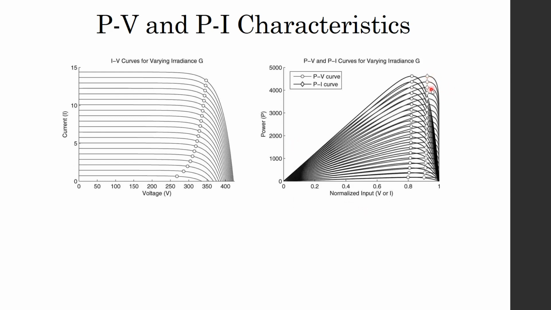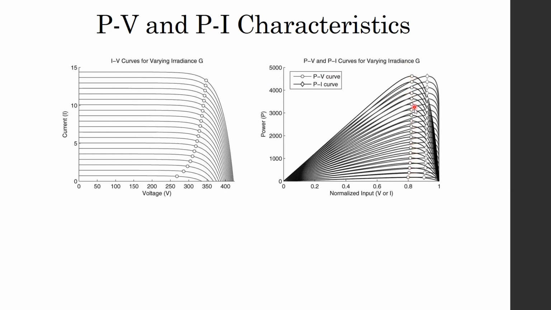Each of this diamond curve represents the relation between the power and the current. The circle one is the relation between the power and the voltage. Power is the output power of the PV panel at a different irradiation. So you can see that as the irradiation increases, the curve goes up, and the output power increases.